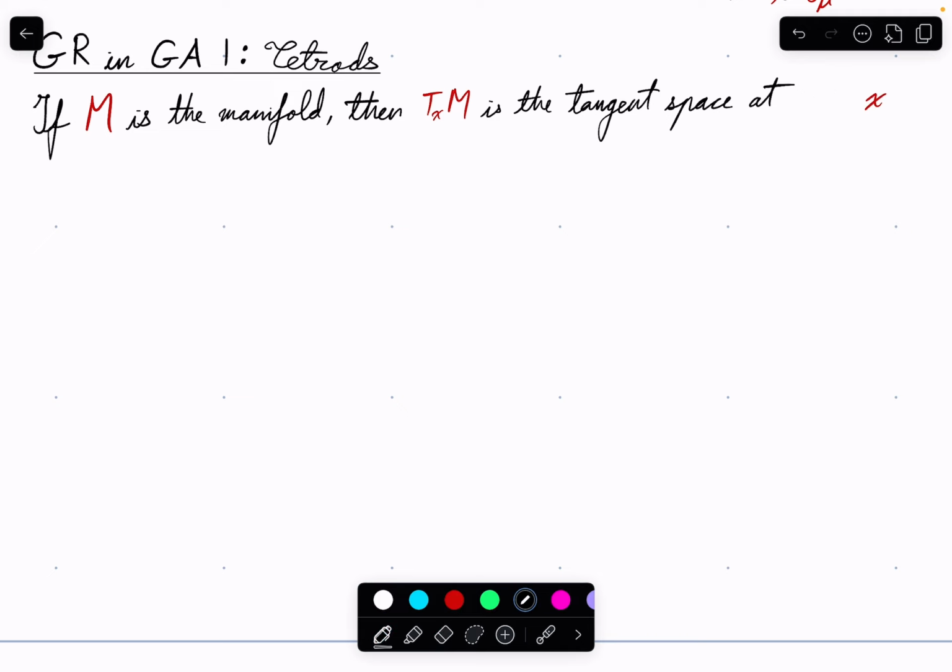Or rather, instead of point, we say at coordinate x.